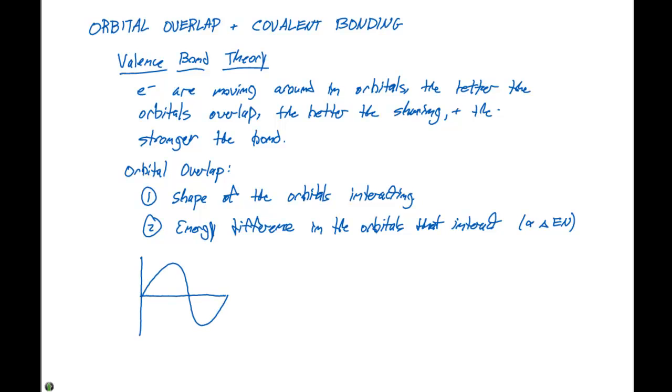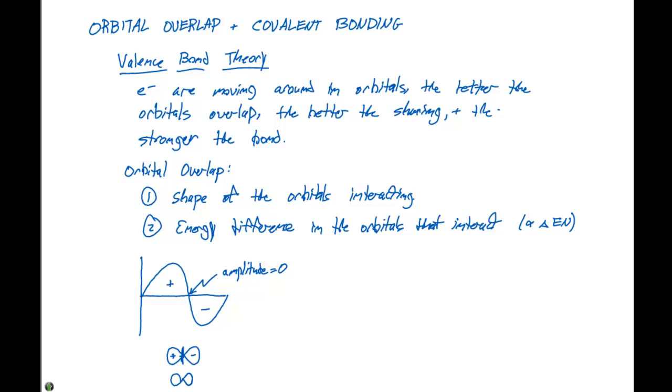So if we have a wave right here, we can represent that wave as a positive and a negative portion. At this point right here, the amplitude is going to be equal to 0. When we represent our orbital in the same fashion, we have a positive and a negative lobe, and we have a node right here in the middle where the probability is going to equal 0.